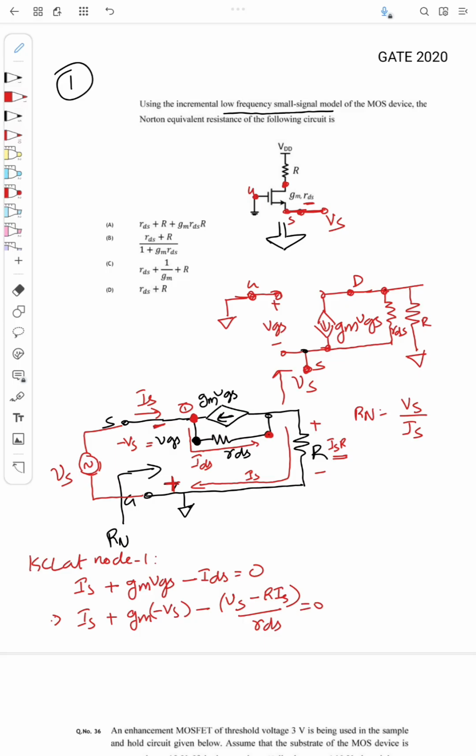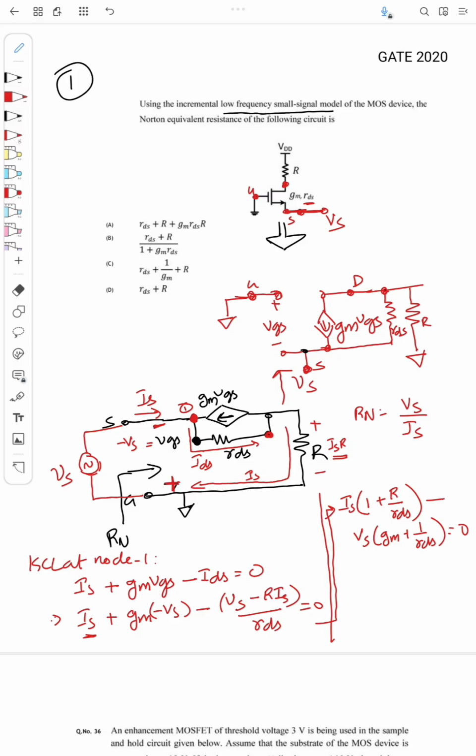Okay, so I'll solve it here. If I rearrange this, I can club the terms of IS. So it will be 1 from here, plus minus and minus plus R by RDS. Okay, and minus Vs term I can club, that is Vs into gm plus 1 by RDS. That equal to 0.